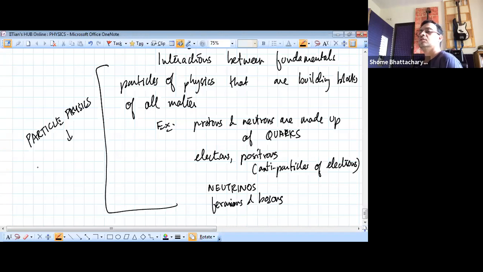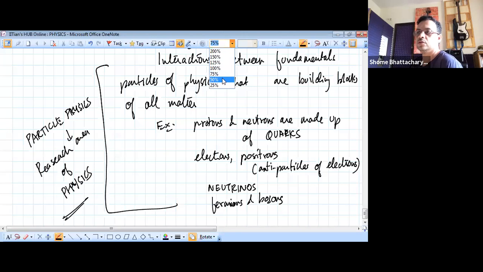So it's a research area. It's way beyond the scope of our study over here. That's why we don't get into electroweak forces. Yes, there is the concept of down and up quarks.